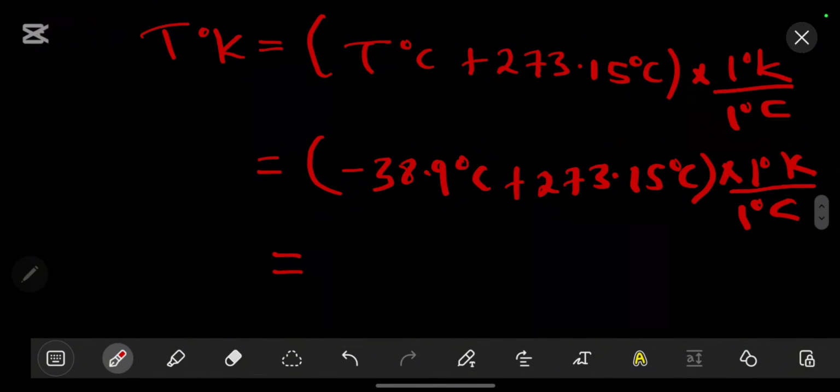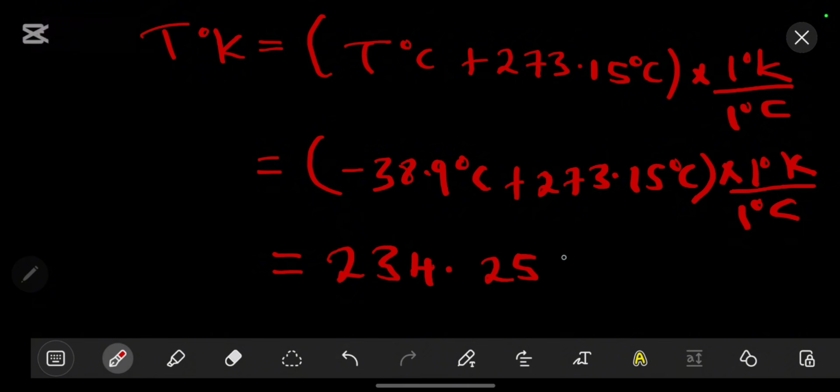So we are going to add them. Our negative 38.9 plus our 273.15. This gives us a value of 234.25, like that. So we have the degrees Celsius. Now multiplying with 1 degrees Kelvin over 1 degrees Celsius.